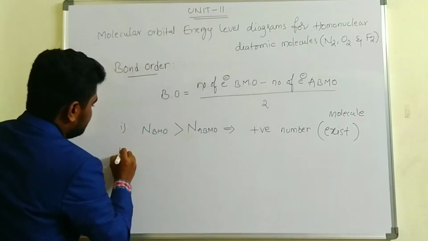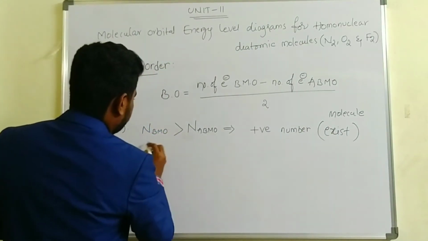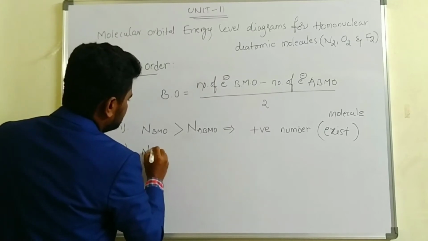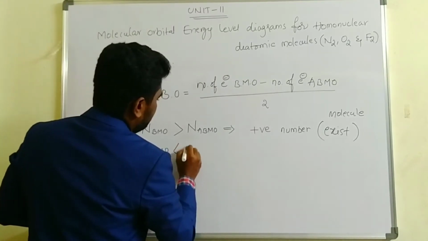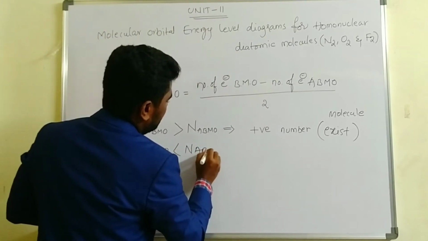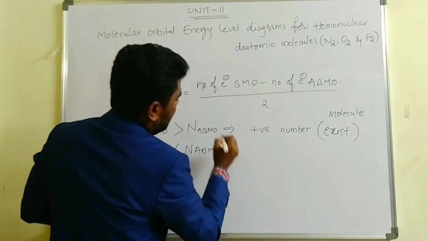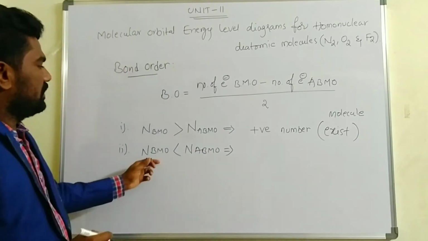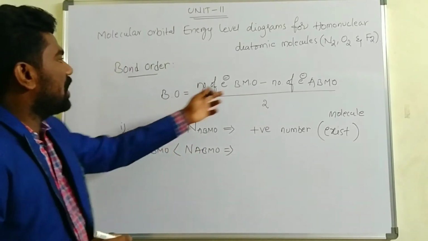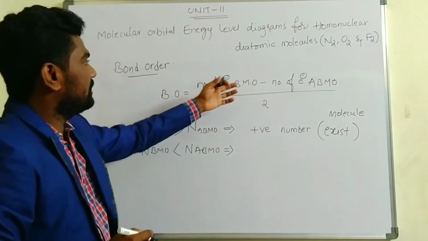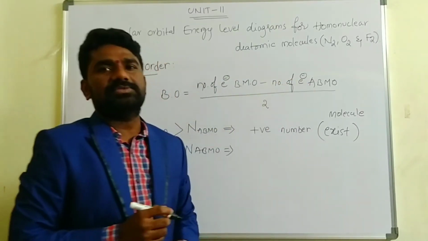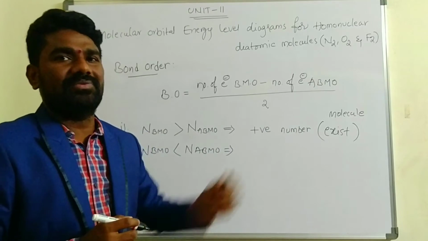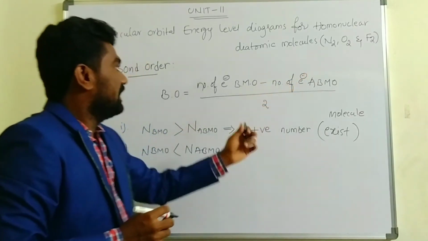In the second case, the number of electrons present in the bonding molecular orbitals is less than the number of electrons present in the anti-bonding molecular orbitals. If the bonding molecular orbital electrons are low compared to the anti-bonding ones, what happens from the equation?